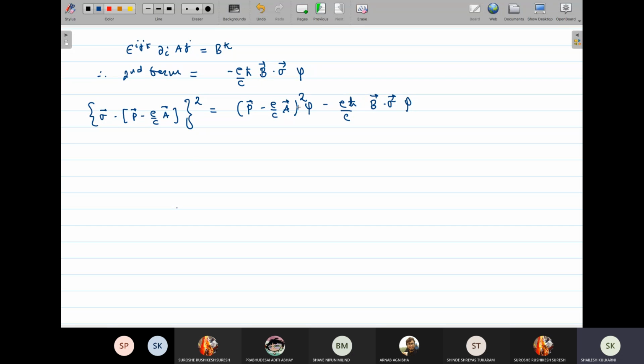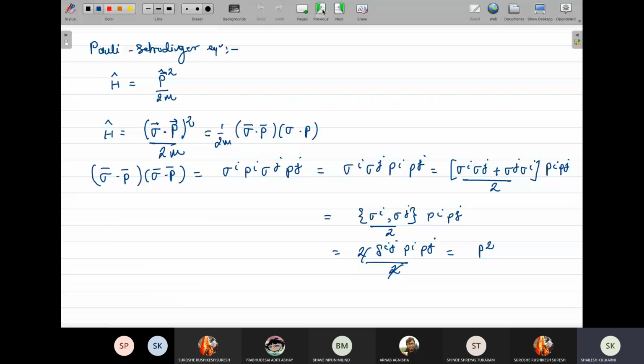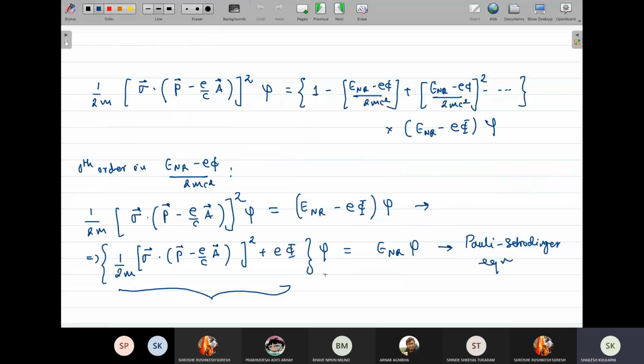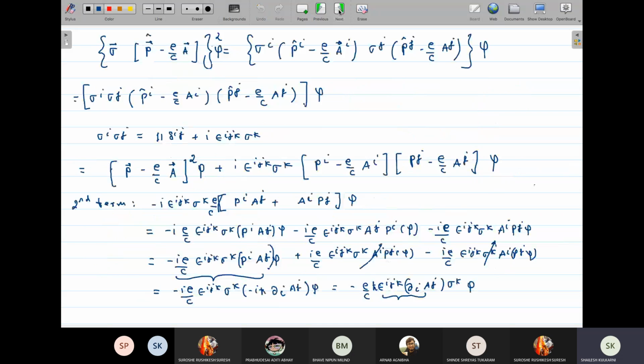Okay, there is a phi. So therefore this equation, this is like your non-relativistic Hamiltonian H acting on phi equal to E_NR of phi.